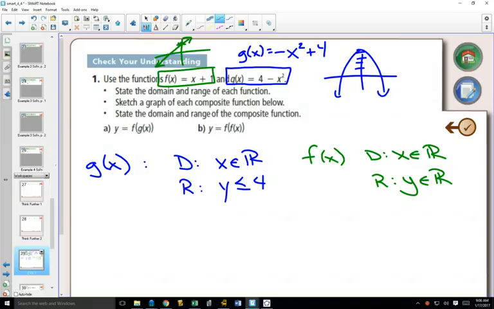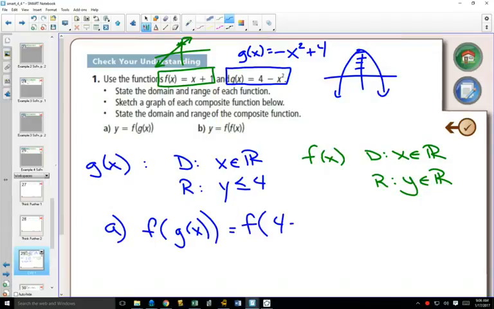So for part A, the explicit equation for f of g of x. Composite functions, we always start in the middle. So that's our g of x. What is g of x equal to? G of x was 4 minus x squared. Then we plug 4 minus x squared into our function of f.